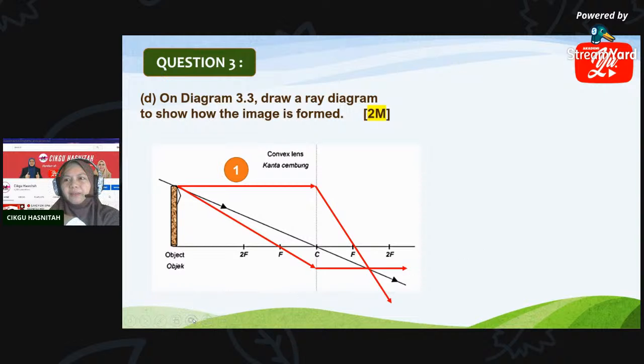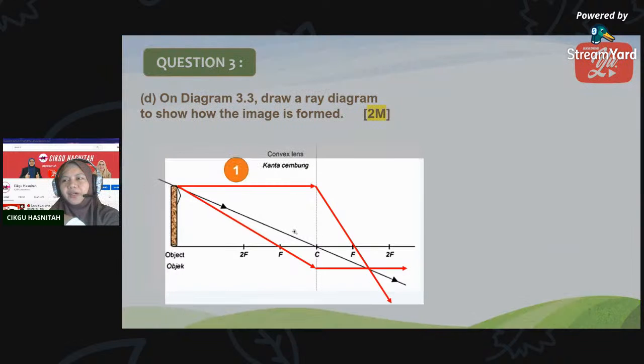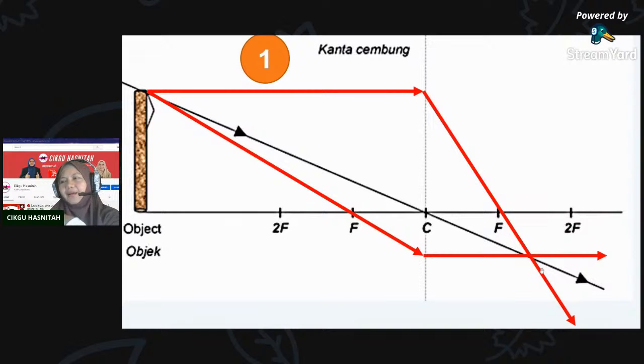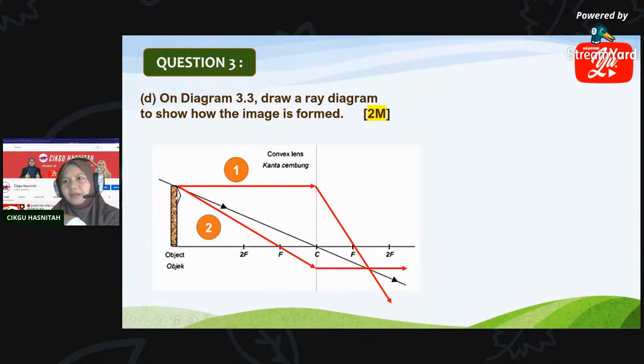So this is the point of intersection of all the rays of light. Okay, all the rays meet here at this point, which means our image is formed at this position. So this is the second ray.